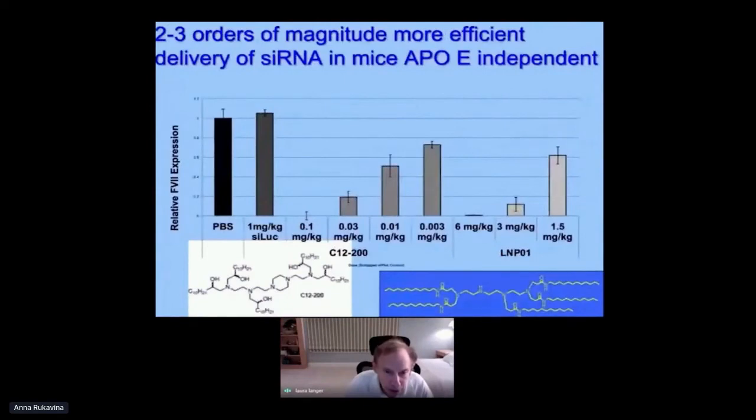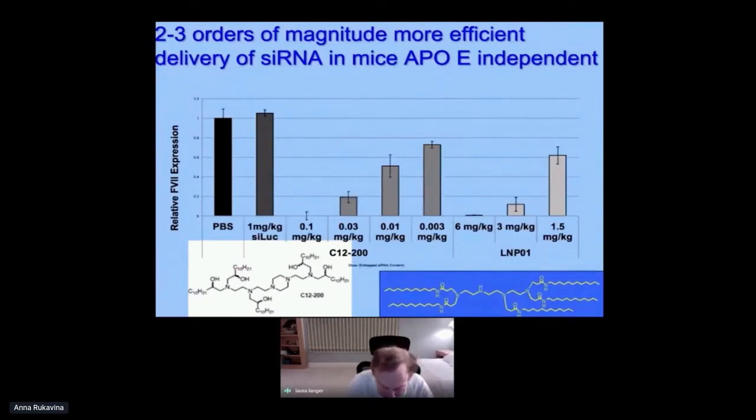The one we did earlier, we called LNP-PO1. You can see that's in mg per kg, 1.5 to 6 mg per kg on the right. But if you use this new one, which we call C12-200, notice how you can go down even to 0.003 mg per kg, and you still get significant knockdown. So this is about 2 orders of magnitude better.